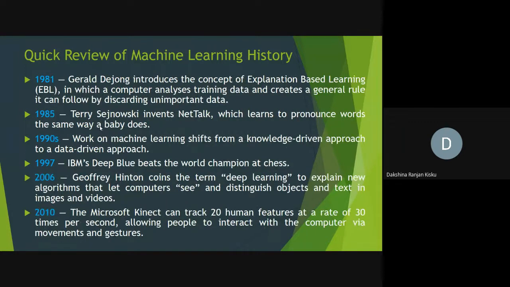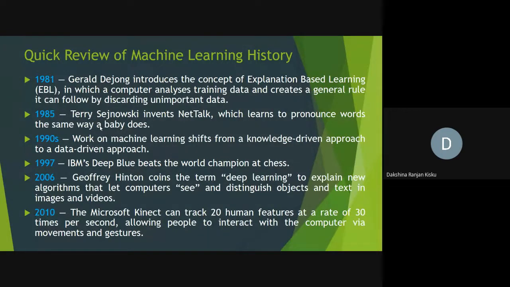In the year 1981, Gerald DeJong introduced the concept of explanation-based learning. If we talk about the formal introduction of machine learning theory, then we can consider 1981.